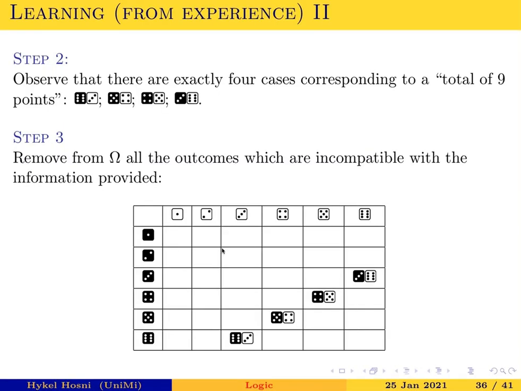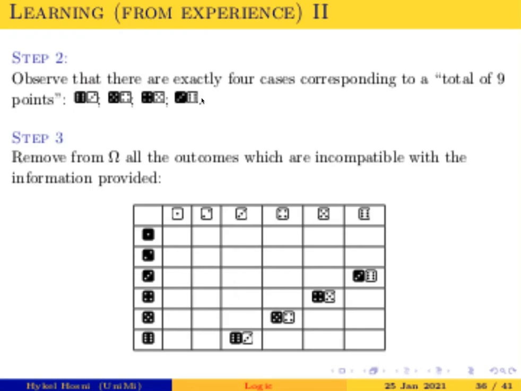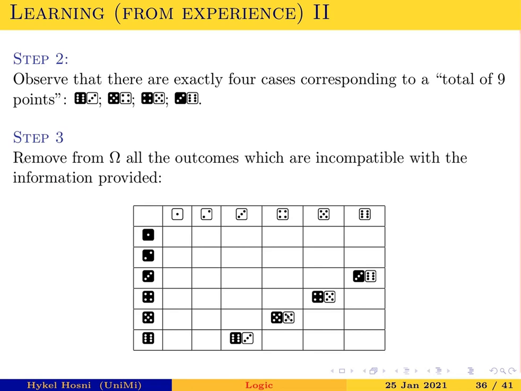And the way you represent this is you delete everything which is inconsistent with the sum of the points being 9. So what you're left with is only the 4 possible cases in which the sum of the 2 dice is 9. You can convince yourselves that there are just those 4 cases.